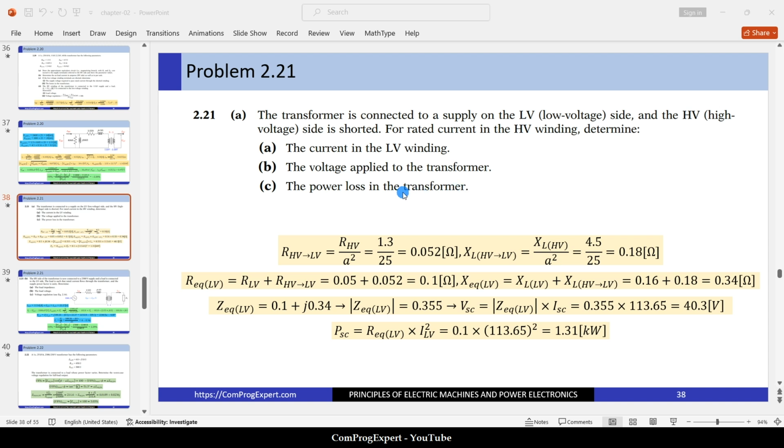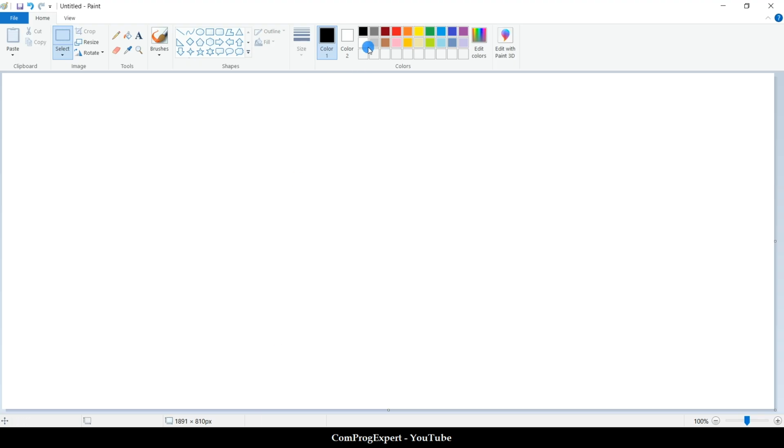As you know, in a standard short circuit test, we short circuit the low voltage winding and perform calculations considering the high voltage side. But in this problem, we need to do the calculations for this case.